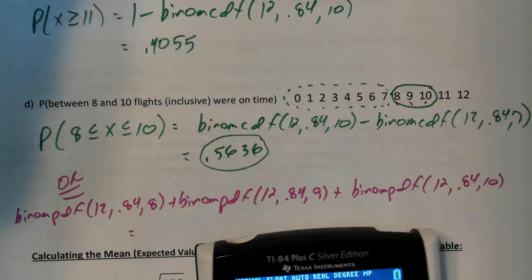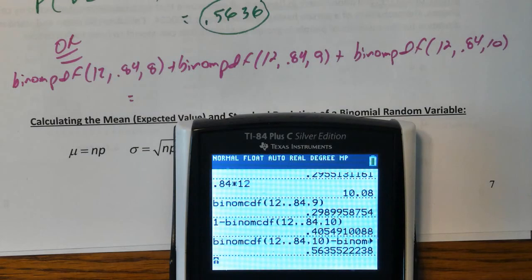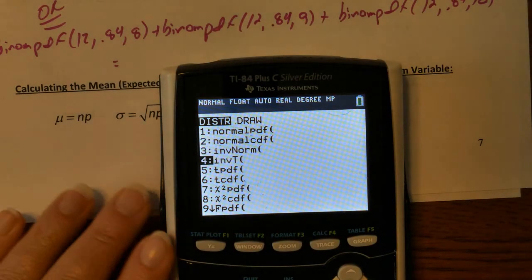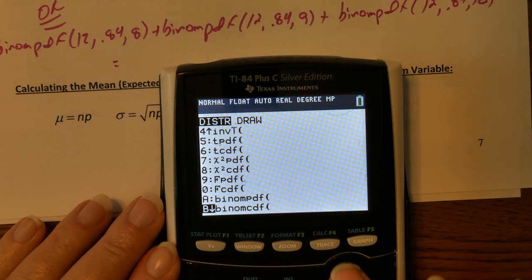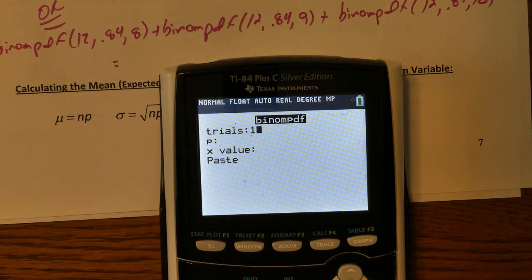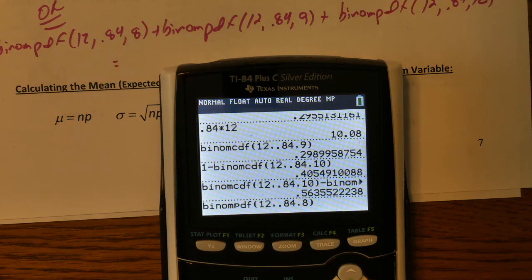And you can type it in all at once. So second vars. Sure wish PDF was higher in the list, right? 12.84, 8, so you didn't have to do all the scrolling.